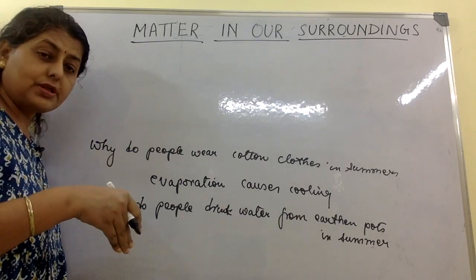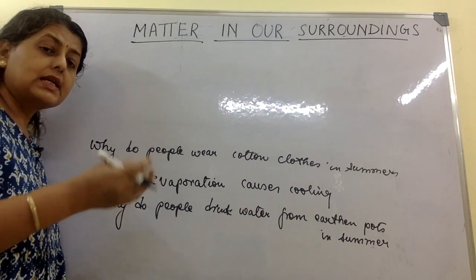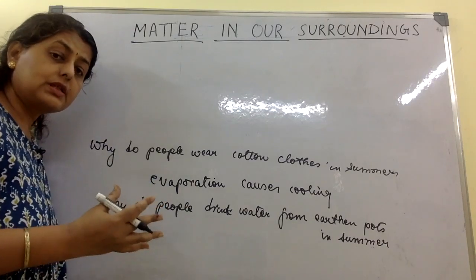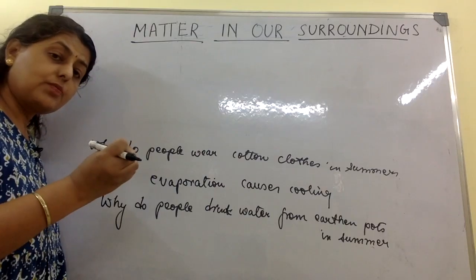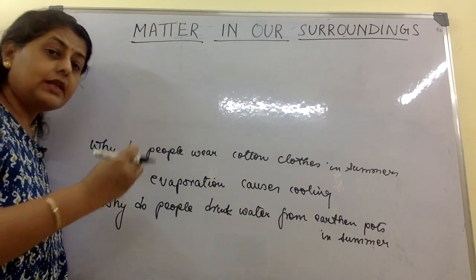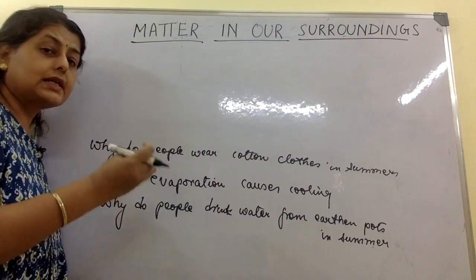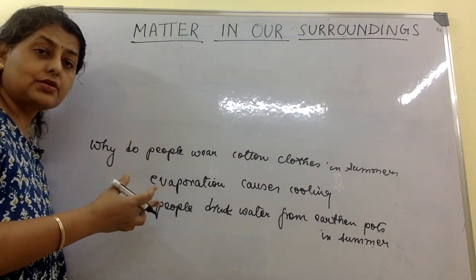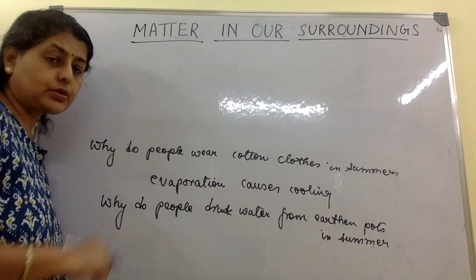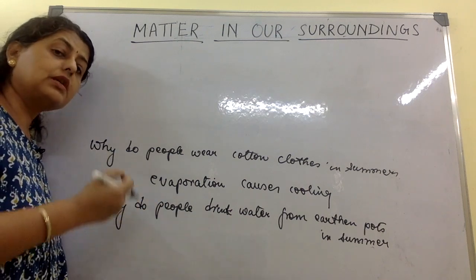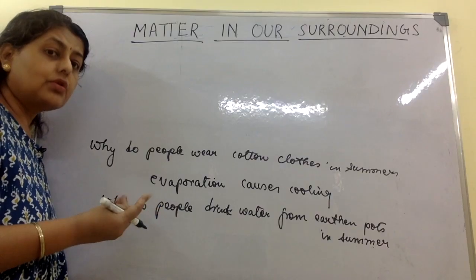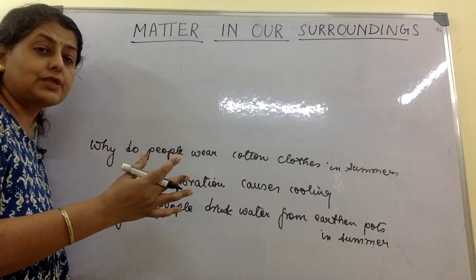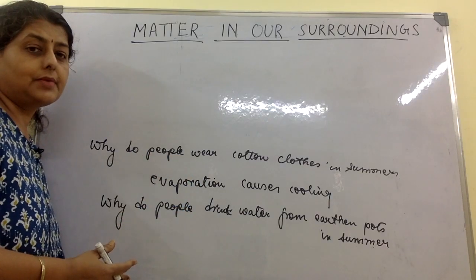Now, when you pour water into the earthen pots, the water seeps out. The droplets of water which seep out will evaporate. And when it evaporates, it takes the latent heat of vaporization from the water, and the water becomes cold. So the faster the evaporation happens outside, the more the water will become cold.